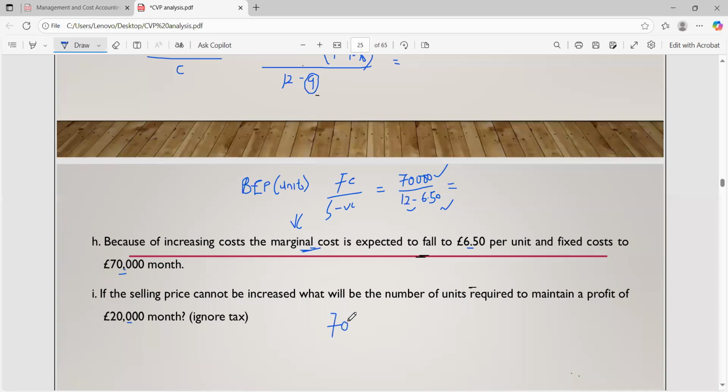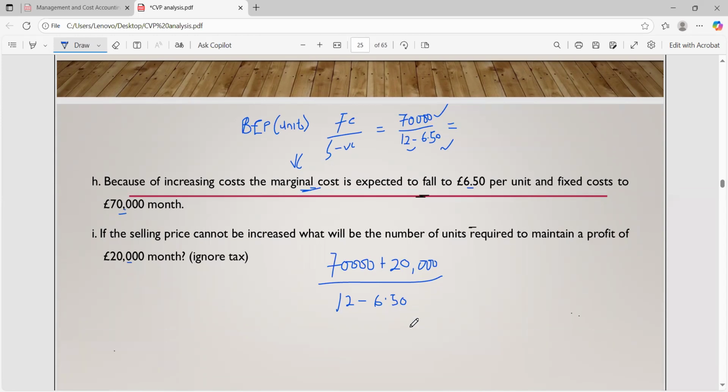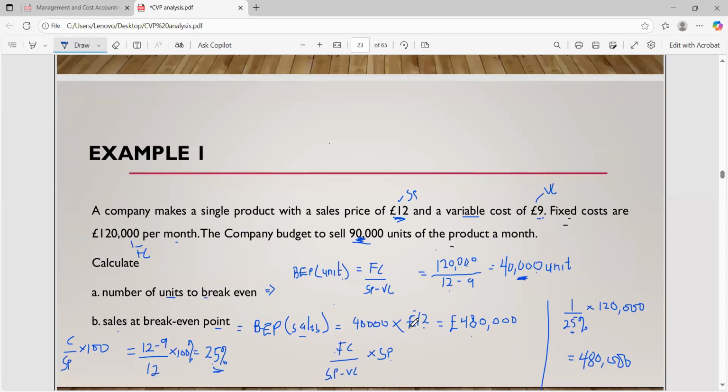So 70,000 fixed cost plus our targeted profit of 20,000 divided by 12 minus 6.5, and that will give you the I. All right, so we've done due diligence to this particular question from there.